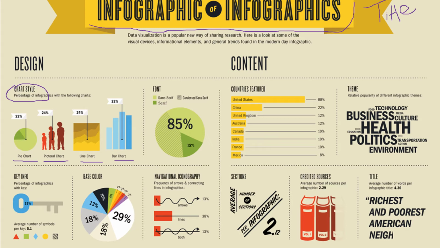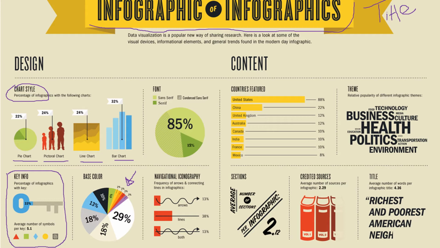Also, infographics are going to use things like keys and symbols. So in this section here, we can see the amount of keys and symbols that are typically used on average in infographics. Make sure that you're using lots of color that will make sure that it enhances your infographic. Now, that does not mean that you need to use several different colors, not at all.